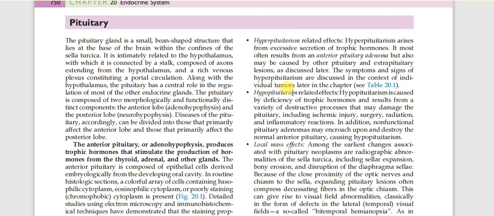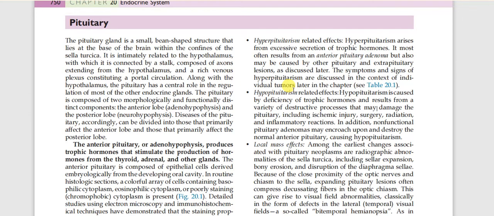Then hypopituitarism. Hypopituitarism is when the function of the pituitary gland is decreased. It might be related to a tumor of achromatic cells.